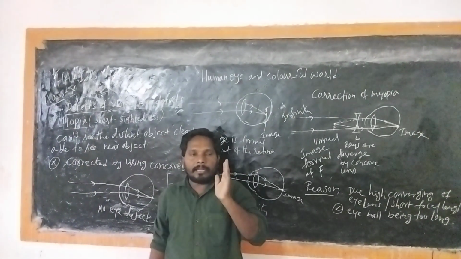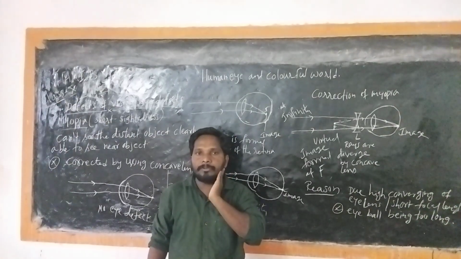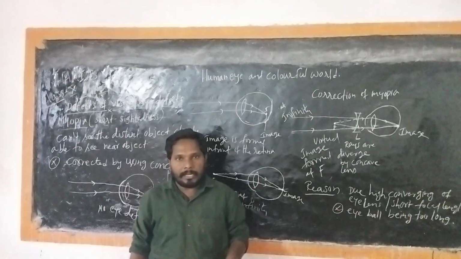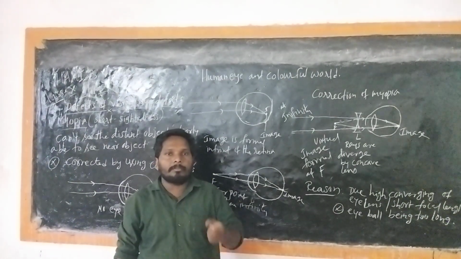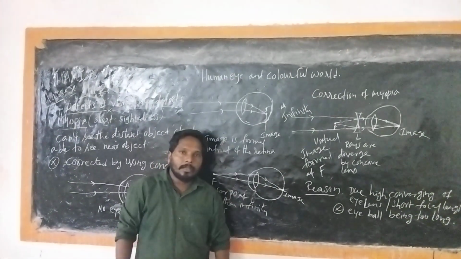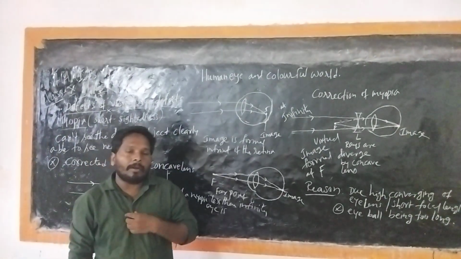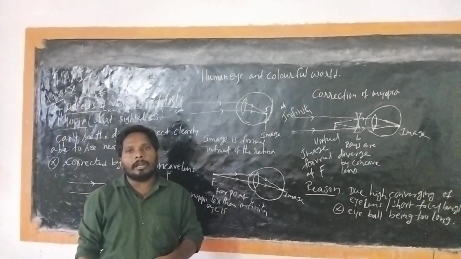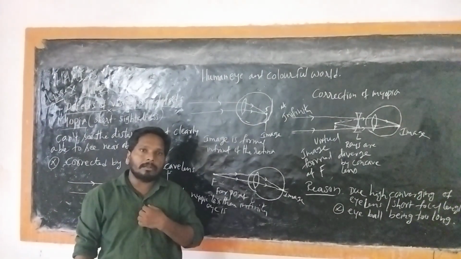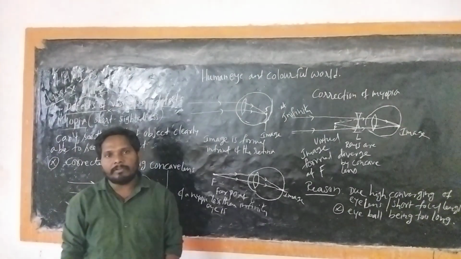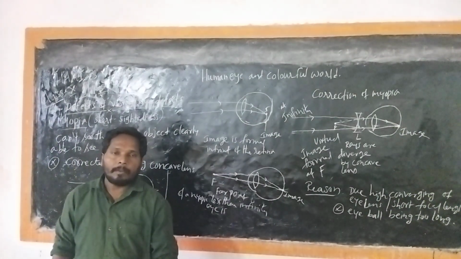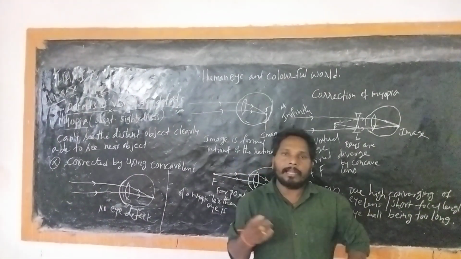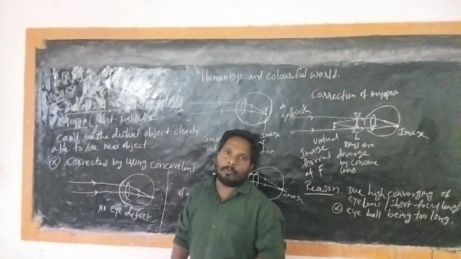If the eye cannot focus the image on the retina, we cannot see the object clearly. That means there is some problem in our vision, which we call eye defects or defects of vision. There are four types: myopia, hypermetropia, presbyopia and cataract. Let us discuss them one by one.